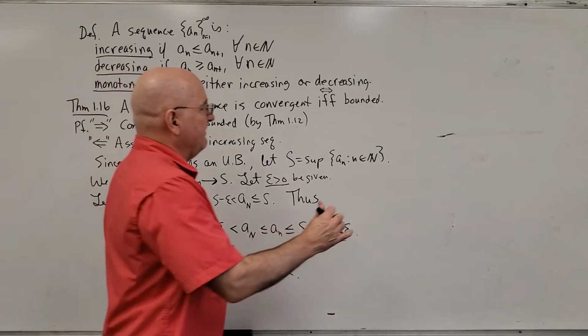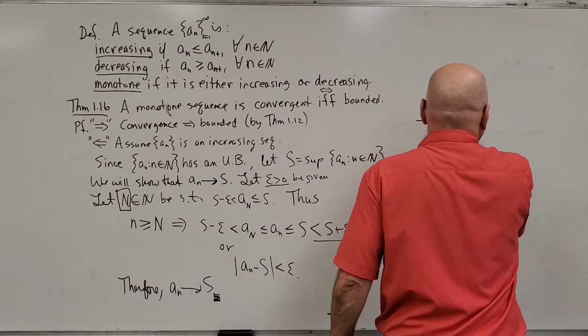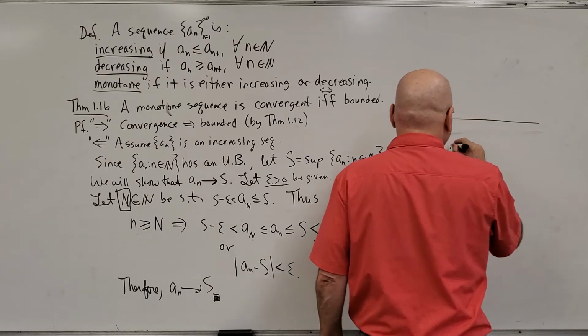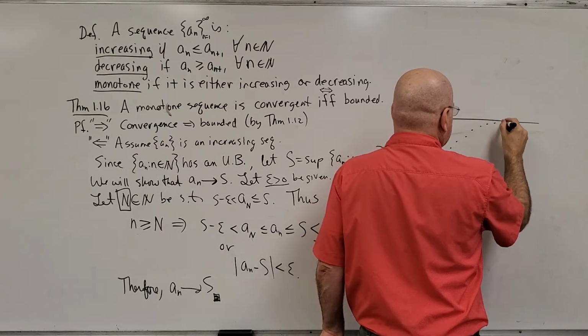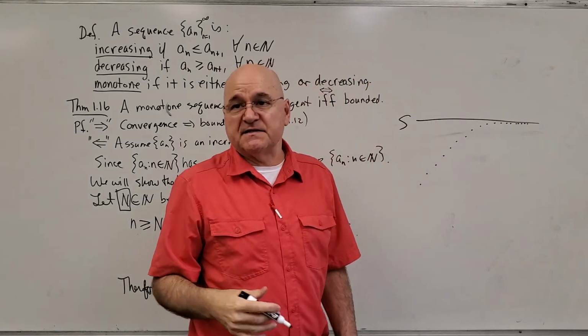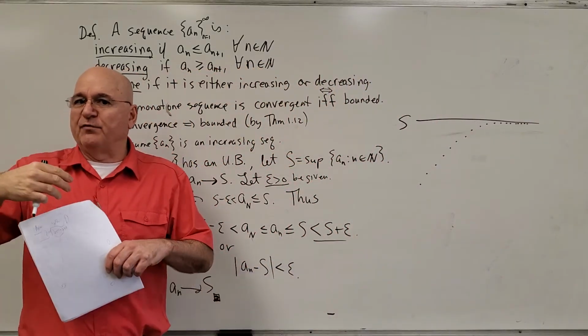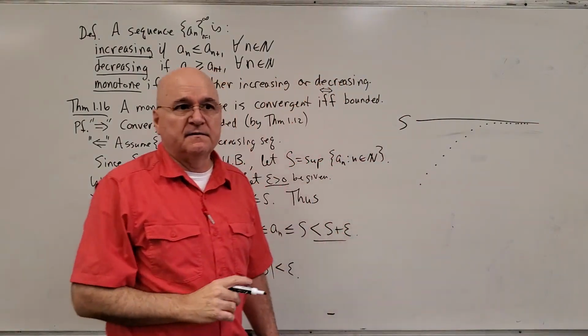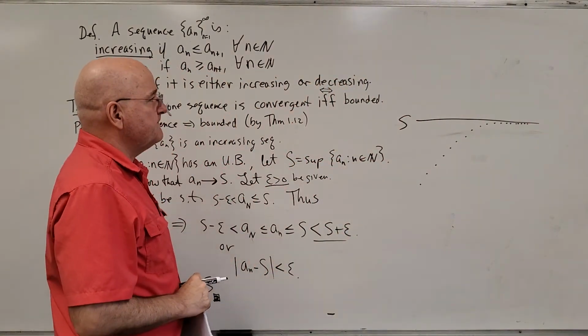So essentially we have something like this. We have an increasing sequence. I'm drawing it like a function. Increasing, but it may never hit S. It's possible it could. At some point forward, every element of it could be equal to S, but we don't know that.